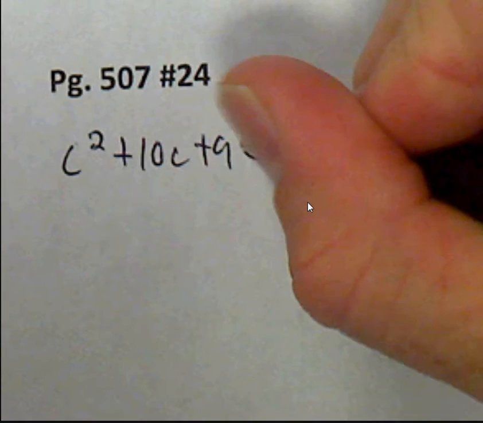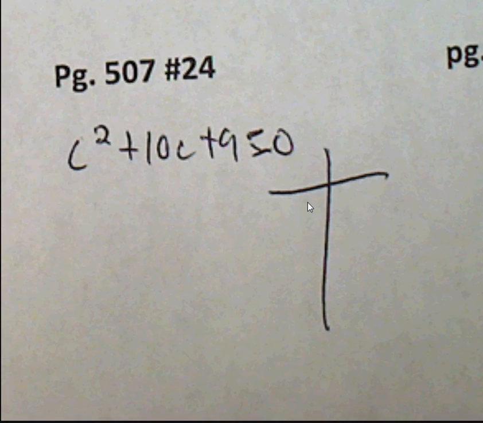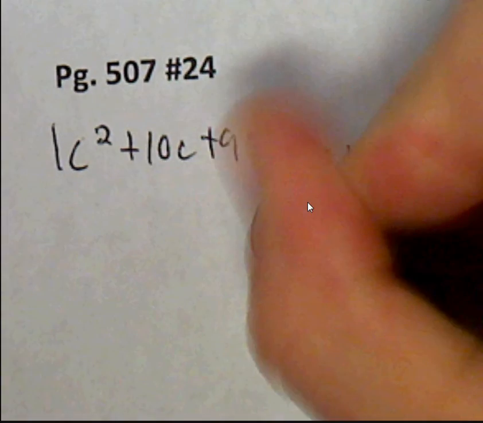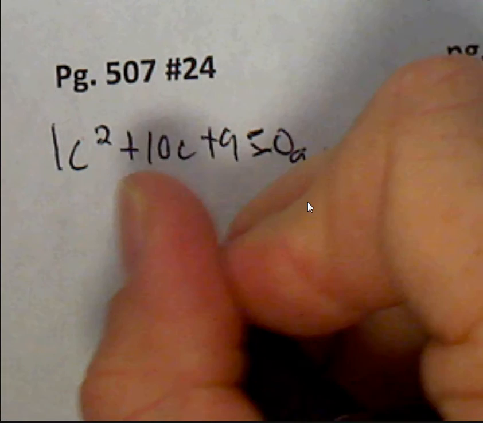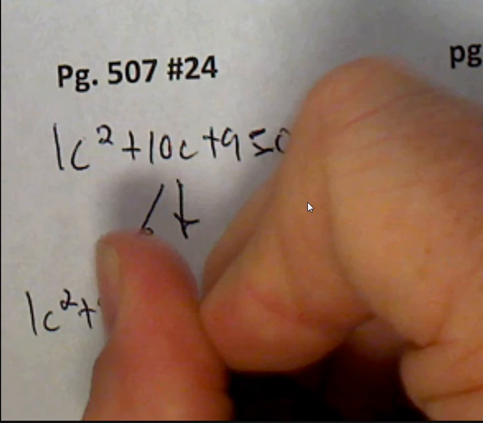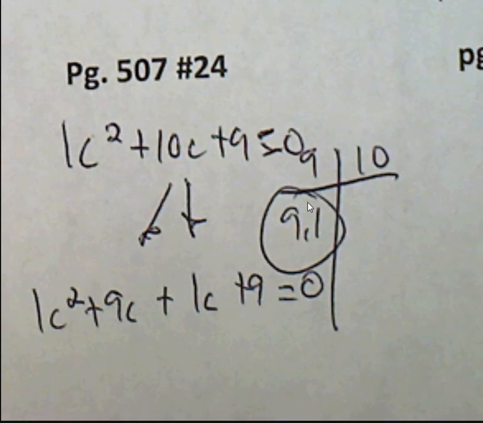This is a quadratic, a trinomial, in which I can go ahead and factor. 1 times 9 is 9, middle term is 10. 9 times 1 makes 10. So I go ahead and I split my middle term. 1c squared plus 9c plus 1c plus 9 equals 0.